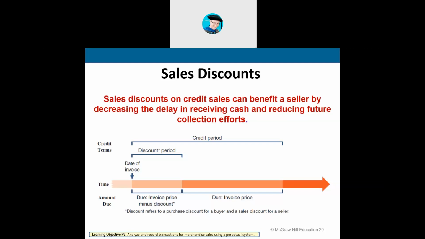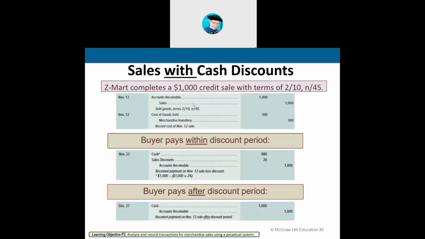Sales discounts. When we issue a sales discount to benefit a buyer, it works the same way as it did when we were the buyer. So here's how that looks: sales with cash discounts. Now we're selling the product, and in order to get our customer to pay us early, we'll offer a discount.